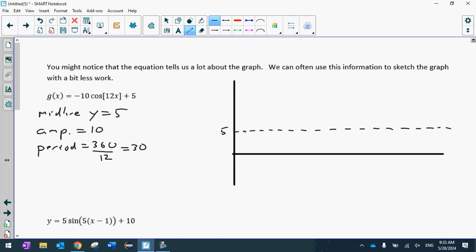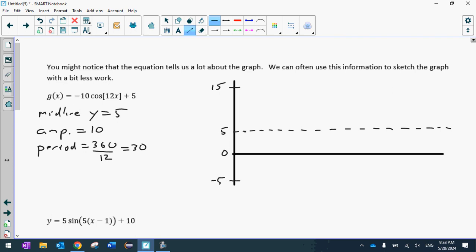And I go up 10 from 5, which will put me at 15. That's going to be my maximum. What's my minimum going to have to be? Negative 5, because you're also going to go down 10 to negative 5, which is somewhere here. That's why I put 0 sort of in here somewhere. 0 is not an important point. Okay, so there we go.